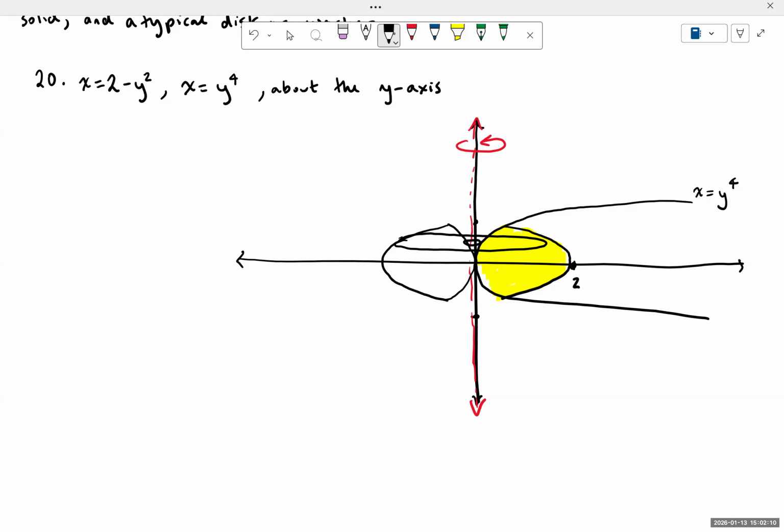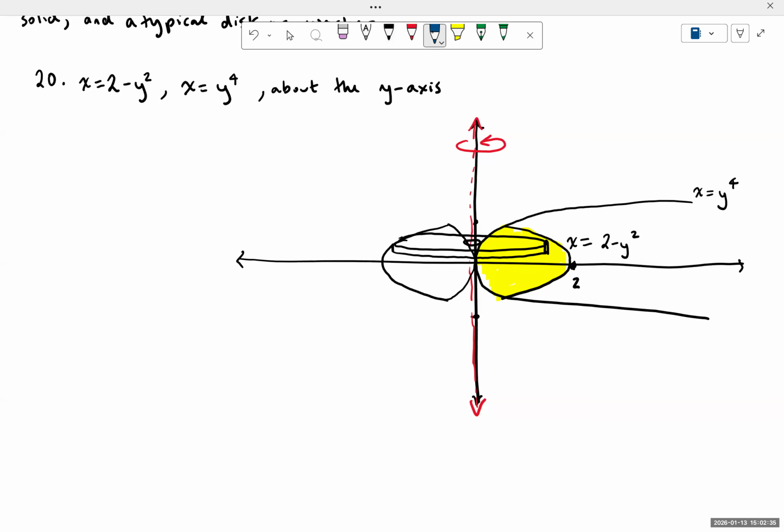It meets in the middle because it's going around the y-axis. But essentially, we have an outer radius and an inner radius. My outer radius is going to the curve x equals 2 minus y squared, and my inner radius is going to the curve x equals y to the fourth.